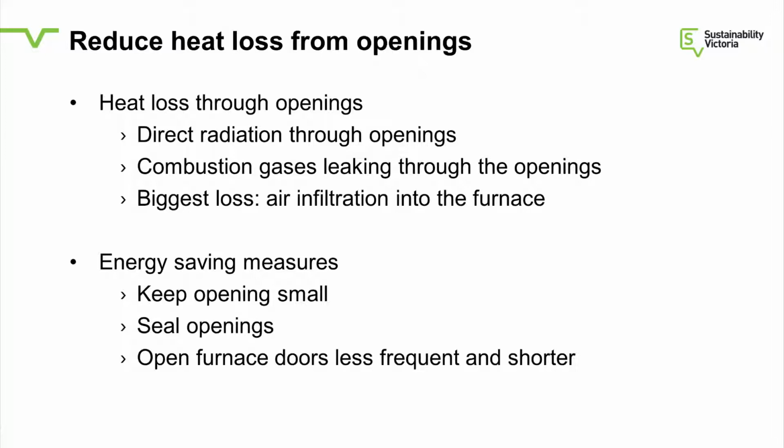Obviously, if you've got a batch furnace and you open the door to take the product out and you leave it open, you get a hell of a lot of energy wasted before the next batch. You see in some furnace areas where people leave the doors open for an hour or so. If you just close the door, you'll keep the heat in the furnace for the next round.